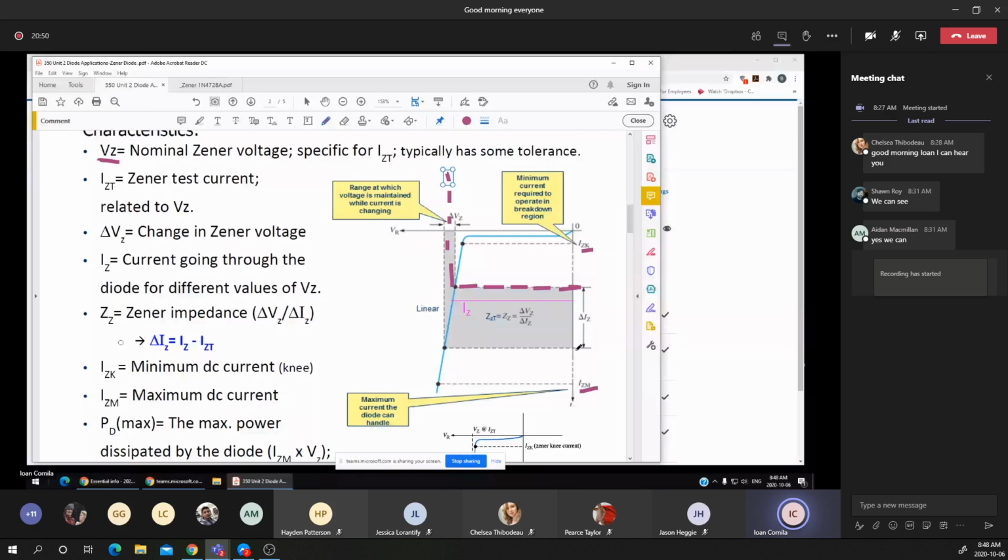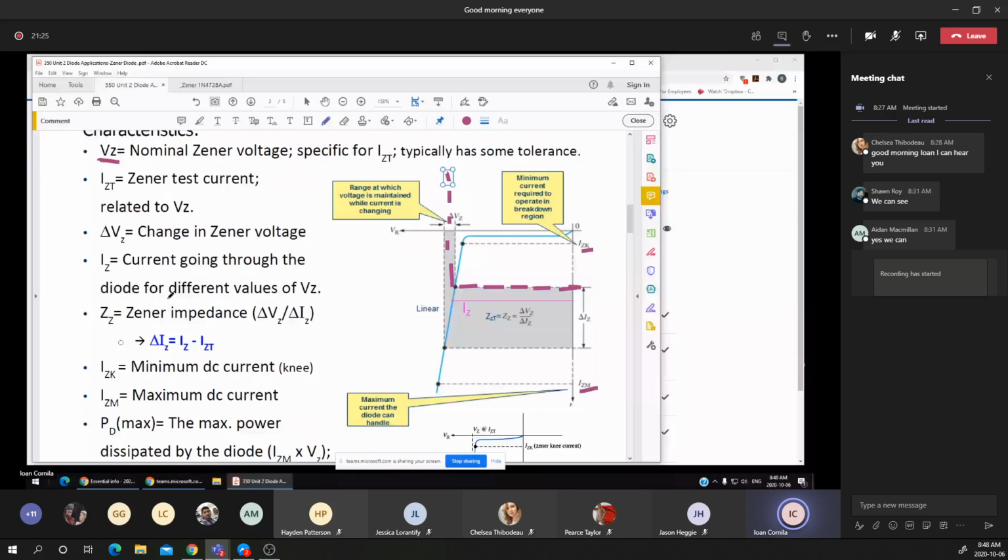The other way, suppose that I'm choosing the test current closer to the maximum current, it means a small swing between the test current and the IZ max, and a large swing between the test current and the IZK. I will show you one type of problem that is using the IZT, or simply the IZ, as the IZ max divided by 2.